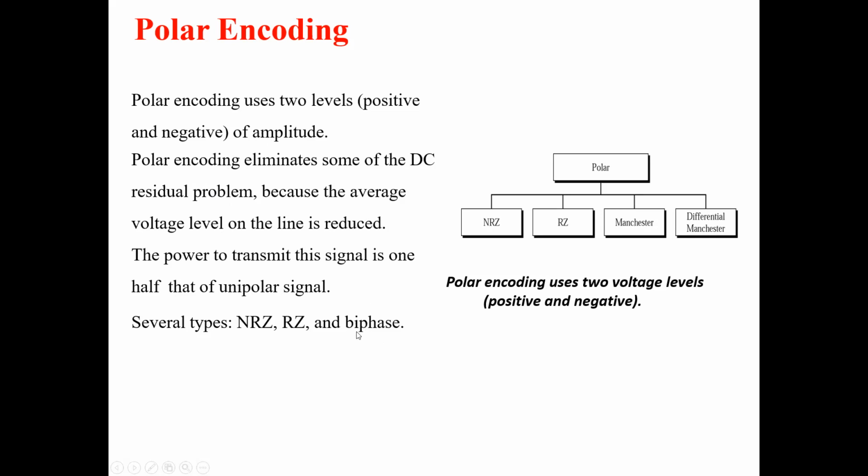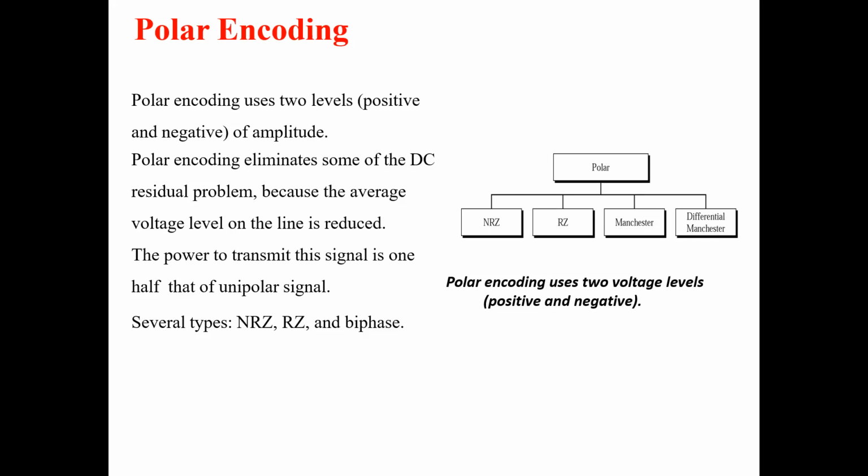The polar schemes are NRZ, RZ, Manchester, and differential Manchester. What is NRZ? Non-return to zero. And RZ means return to zero.